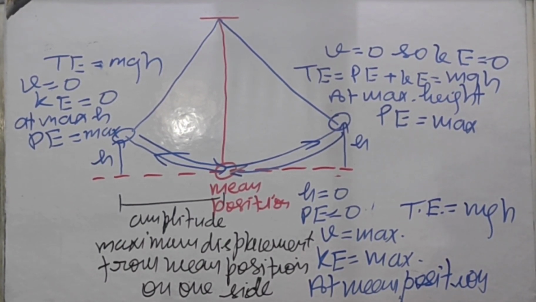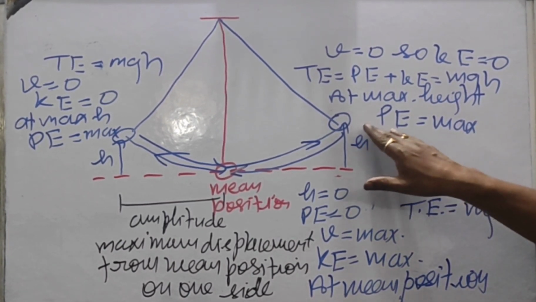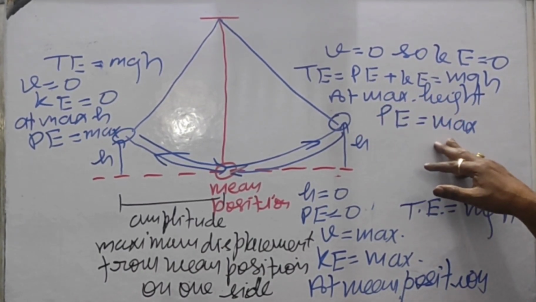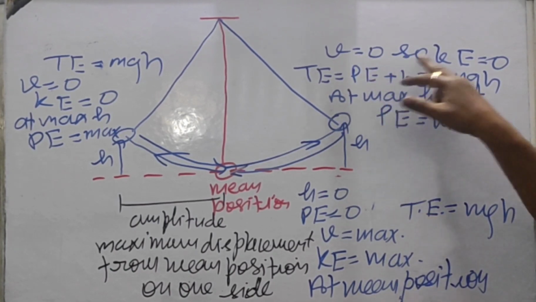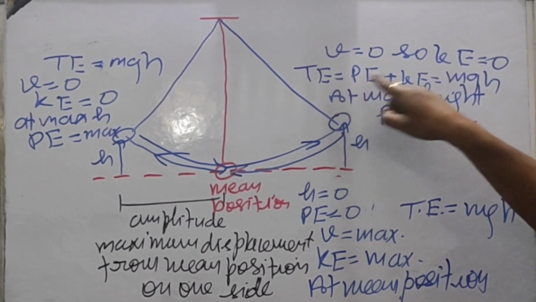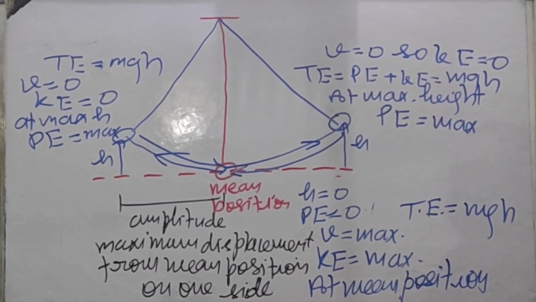At mean position, height is 0, so potential energy is 0, v is maximum, so kinetic energy is maximum, so at mean position total energy is mgh. And again, on the other side, when it reaches here, at maximum height, potential energy is maximum, velocity is 0, so kinetic energy is 0, and total energy is equal to mgh, right?